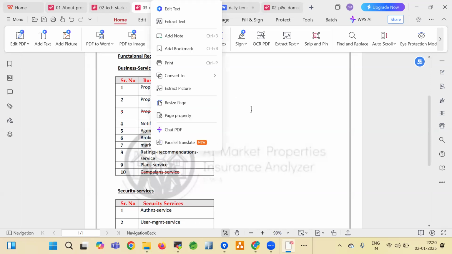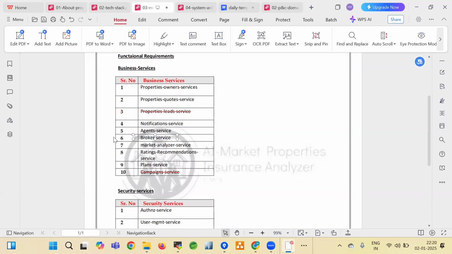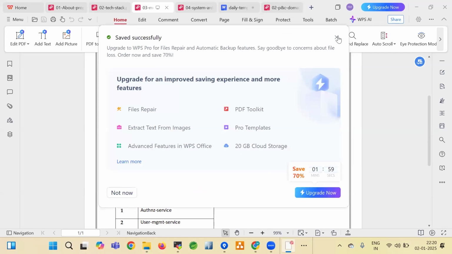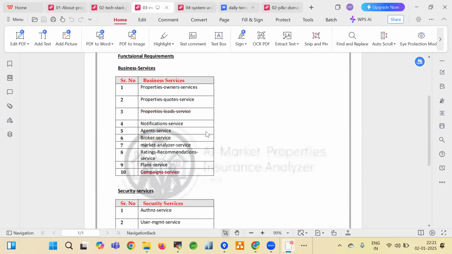So the broker service is the exercise for the students who are going to enroll for this project, but I'm not going to implement that. The rest of the services are what we're going to fully implement.